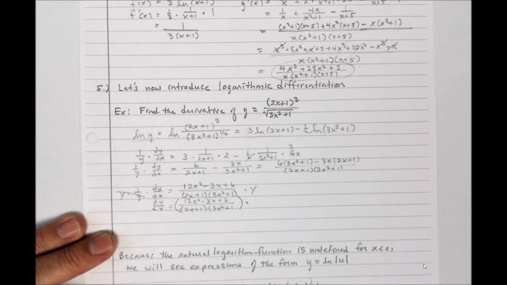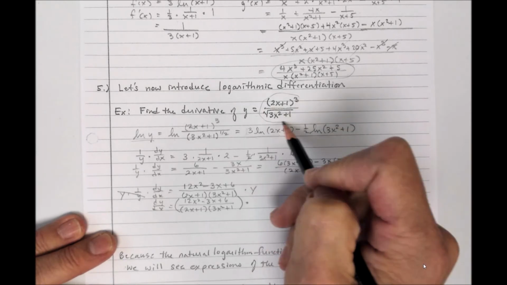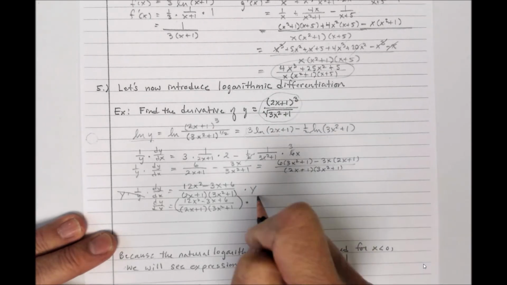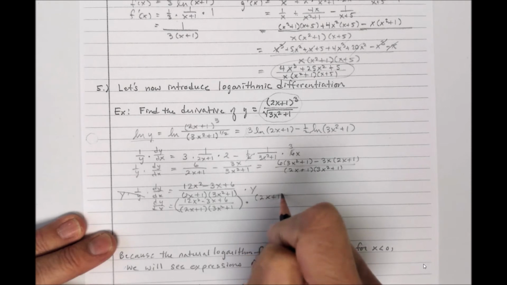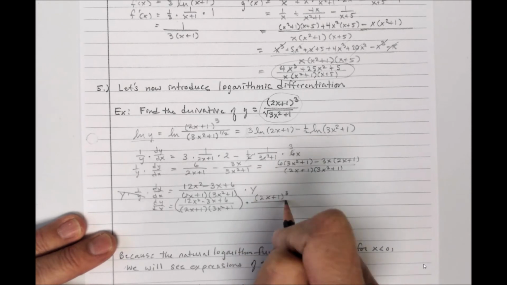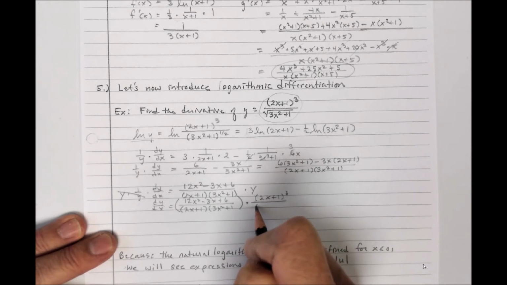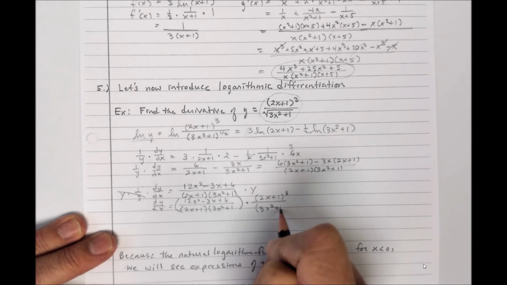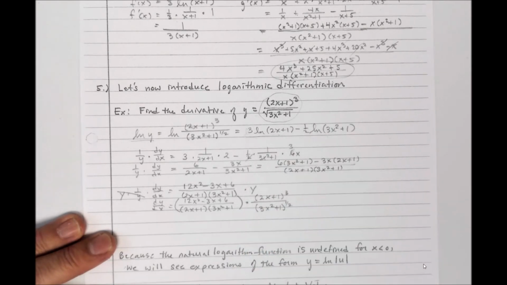But what was y? Well, this is the quantity 2x plus 1 to the third power all over the quantity 3x squared plus 1 to the half power. Yikes!